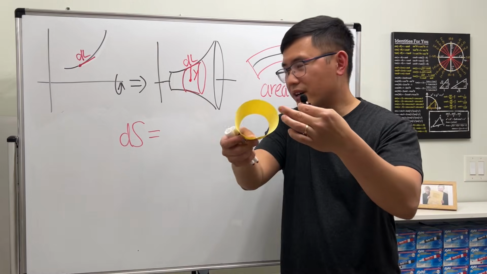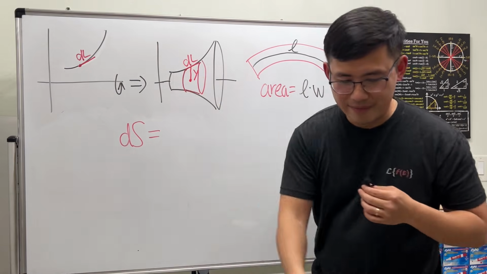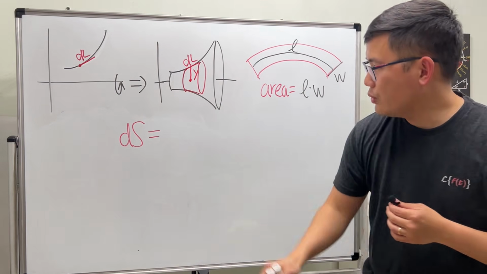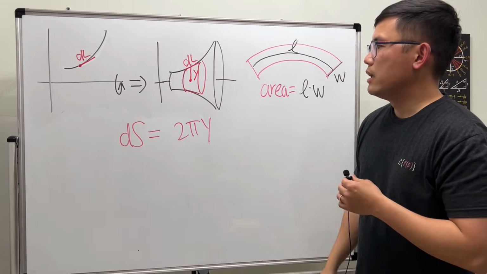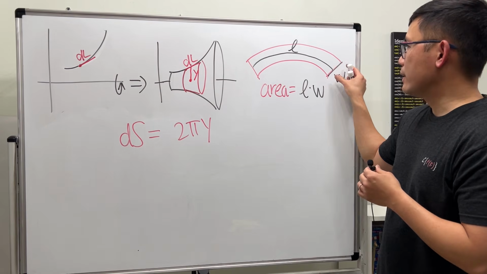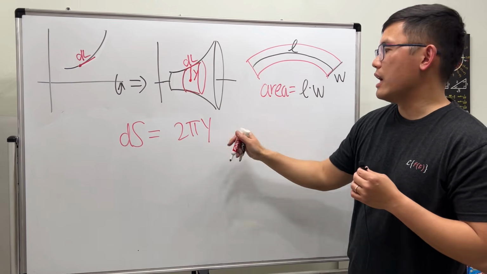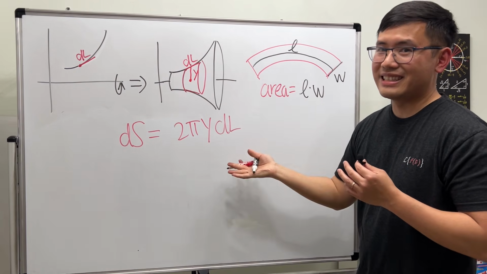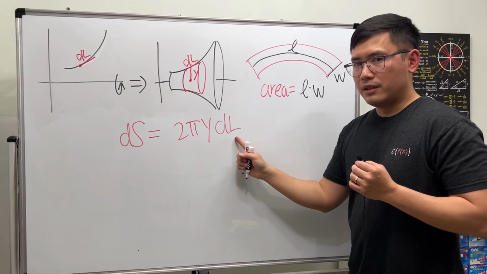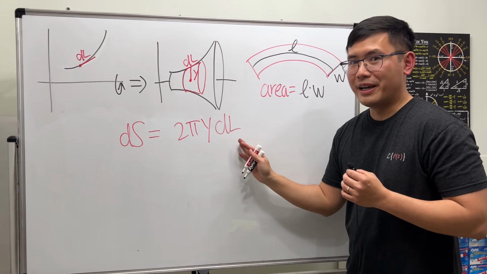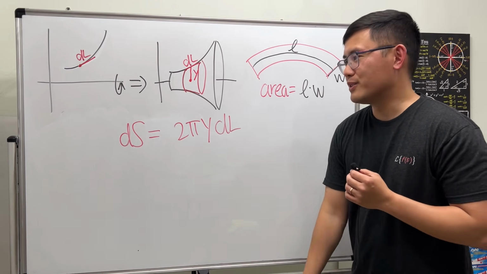The radius here is exactly the y right here. So we need to have 2 pi y, and then we have to multiply by the width, which in this case is the dL. Just like that. Keep in mind though, for the dL, we don't know which world we are in. It depends on the situation, right?